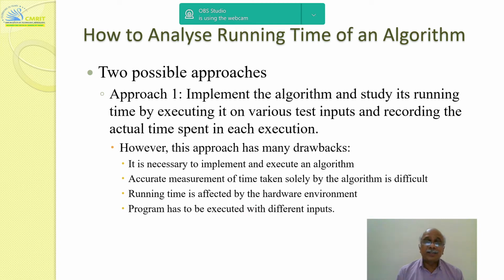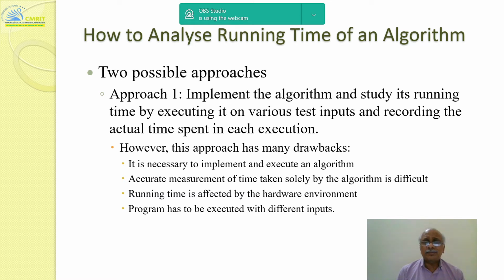How do you isolate the time taken by this specific algorithm? One obvious way is not to run any other program on the computer. But then there are operating system processes which always run. So that's the challenge.